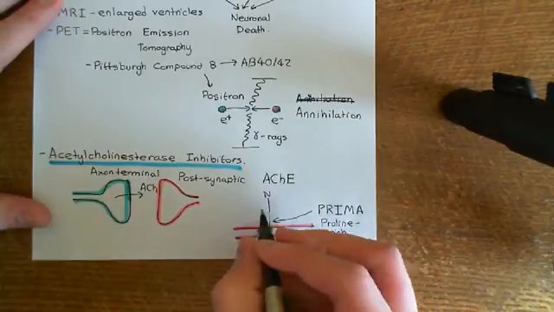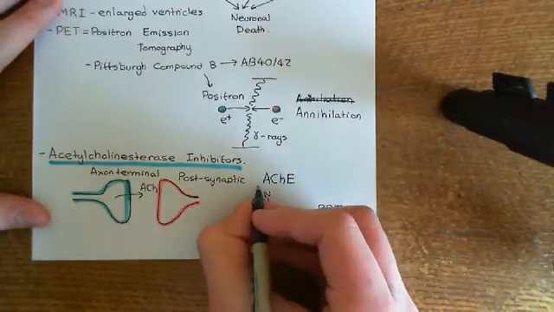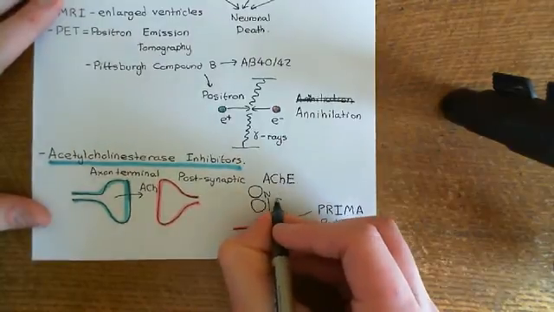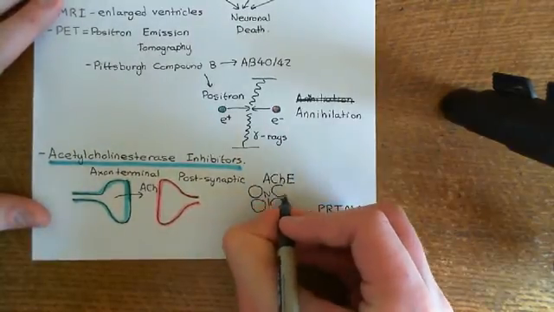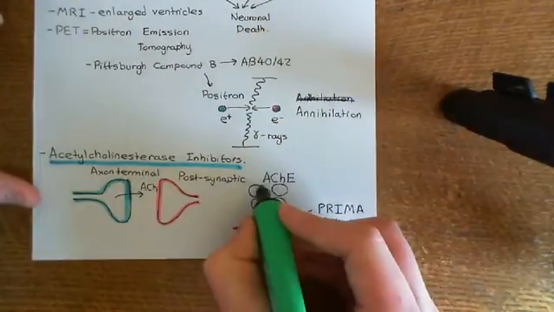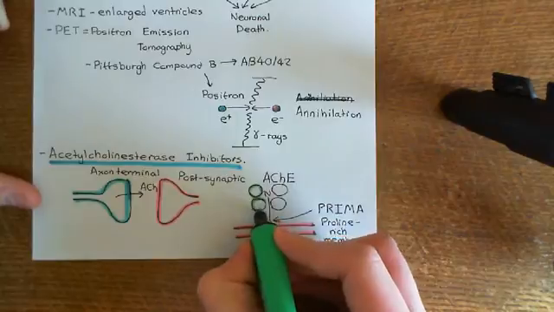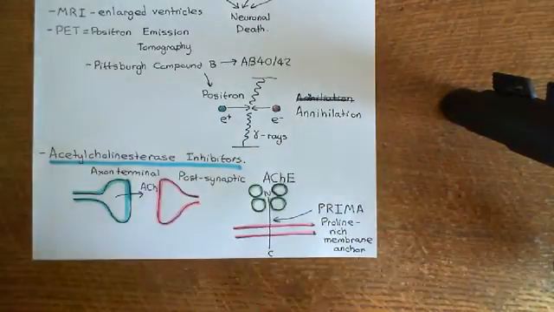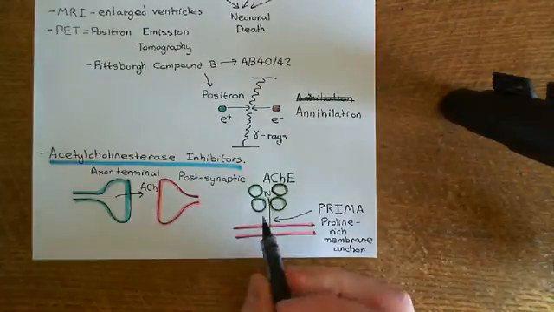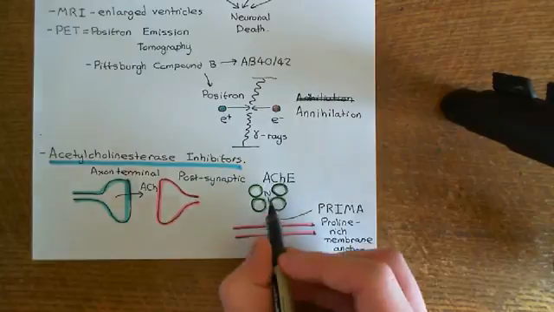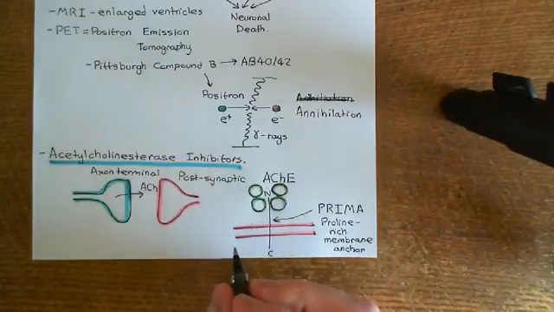And four acetylcholinesterase enzymes are going to end up attached to the amino terminus of this PRiMA protein here. So these blobs that I'm showing here, these are four acetylcholinesterase enzymes. So one here in green, another one here, another one here, and another one here. So that's how you organise acetylcholinesterase enzymes into tetramers attached to this membrane-spanning protein on the postsynaptic neuron.